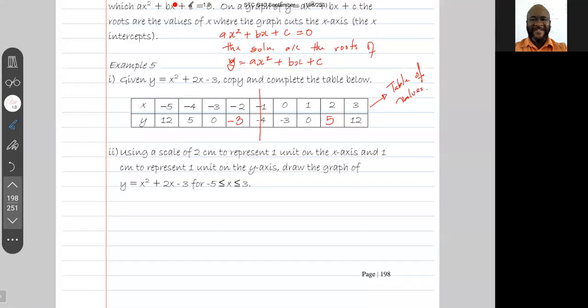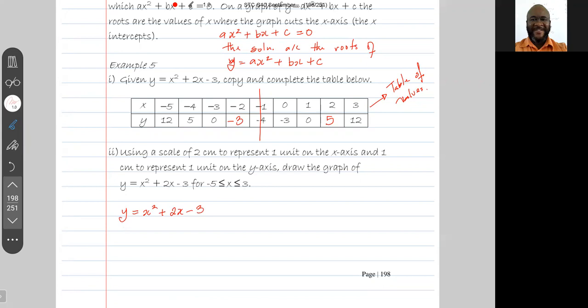All right, guys. So let us see how we're going to use calculation to get the missing values of y. To do that, you're going to need the equation: y is equal to x squared plus 2x minus 3. Now, the value of y when x is equal to minus 2 is missing.